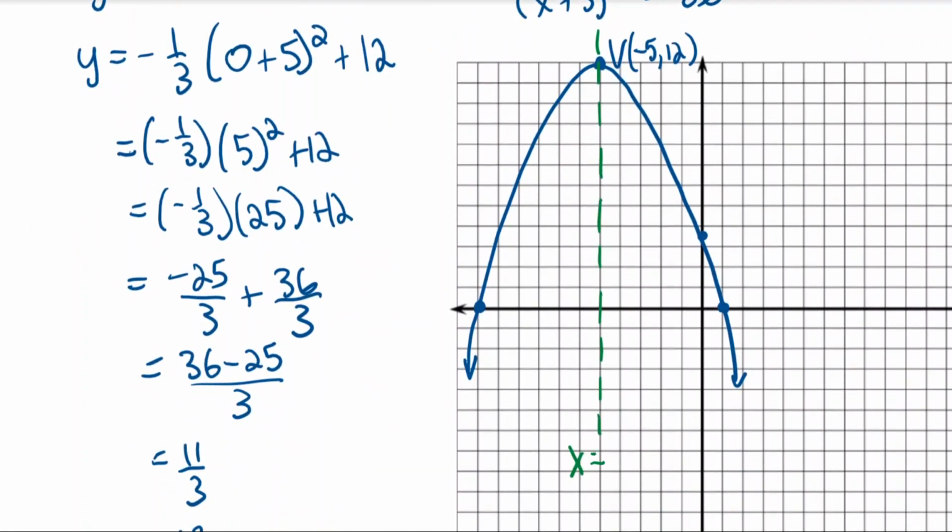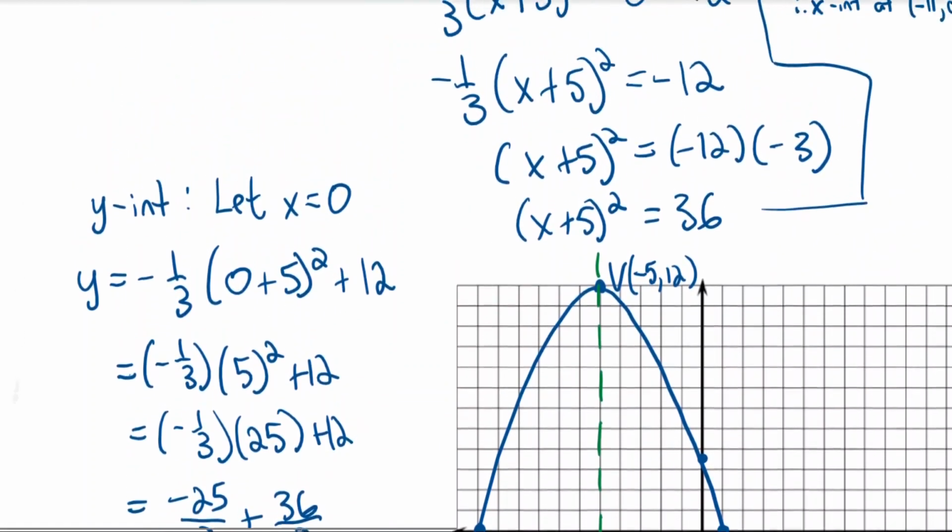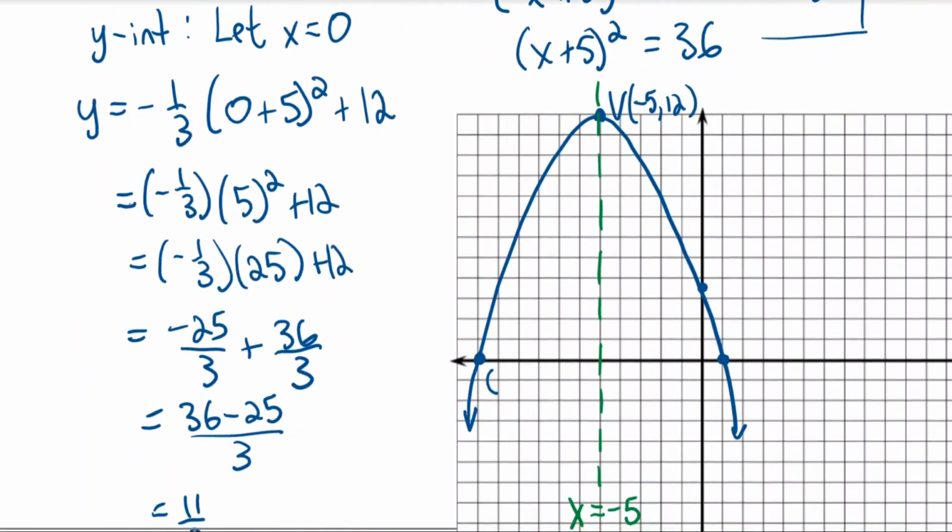It's going to be x equals -5, that vertical line. Our x-intercepts, let's label those as well. We've got, what was it, -11, 0. And our other one is 1, 0. All right, the y-intercept is 0, 11 over 3. This is the sketch of our equation.